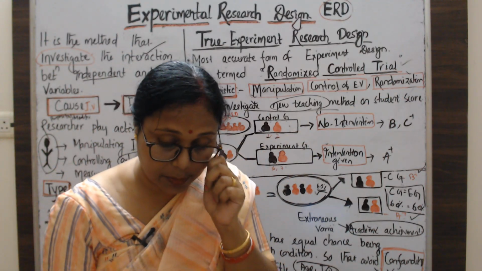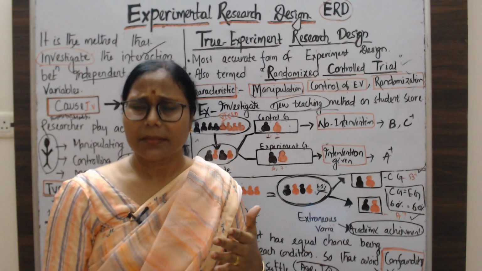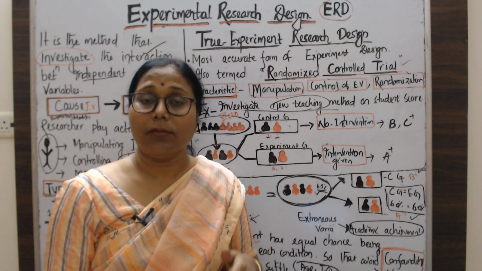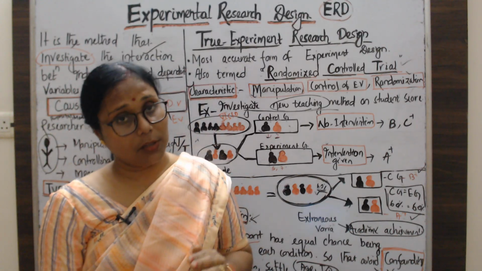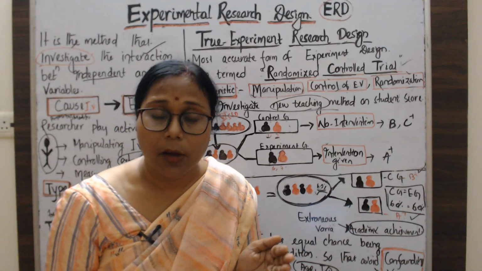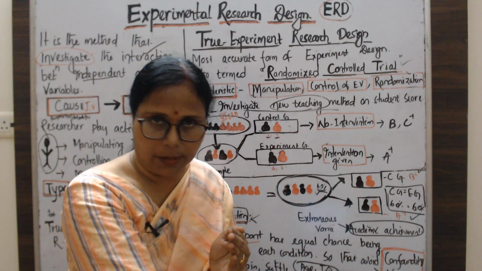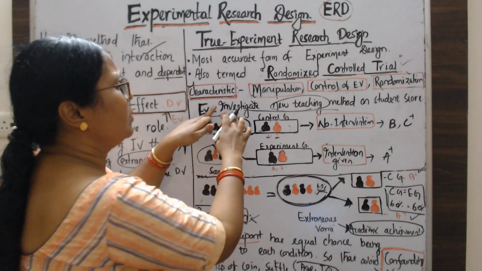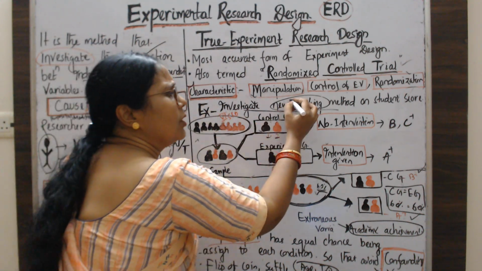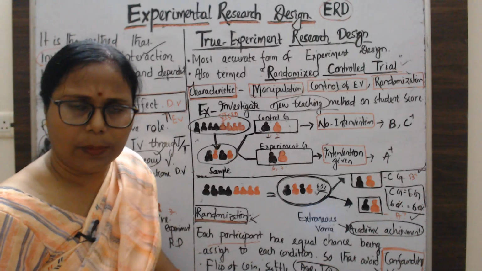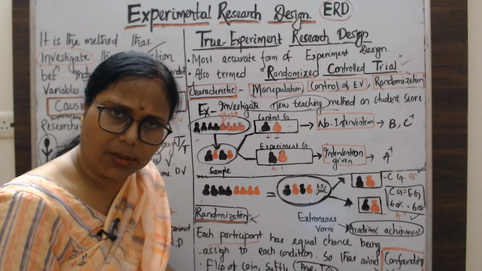First we will take an example of experimental research. Suppose a researcher wants to investigate the effect of new methods of teaching on the students' performance scores. The researcher wants to investigate new teaching methods, either role play or digital methods, which are modern methods.